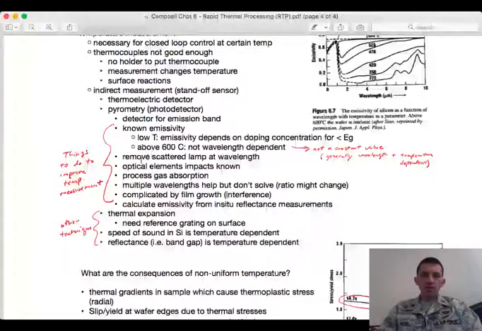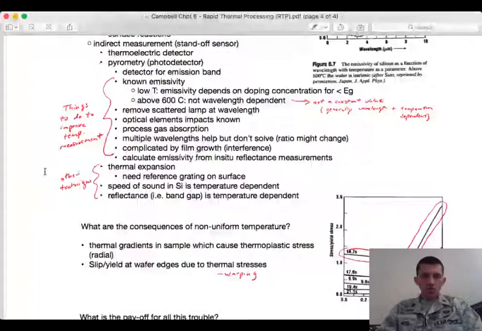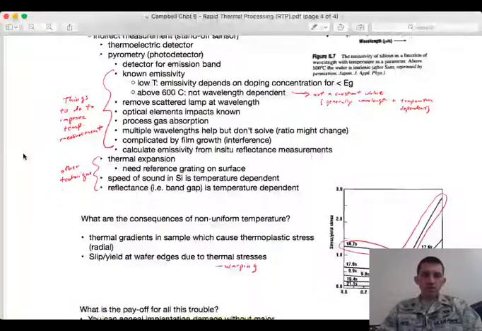You certainly want to have your detector in view of the heating element. Any optical elements, say windows or lenses, are going to change the amount of radiation that makes it to your detector, so you're going to want to understand the impact of those. Any gases in the chamber also could attenuate that emitted radiation and change how much makes it to the detector.